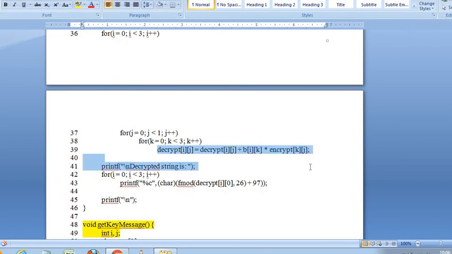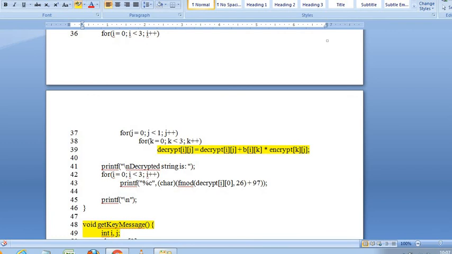So in the decryption we are using the inverse matrix function, and that inverse matrix will be multiplied with the ciphertext, so that we will get some values.